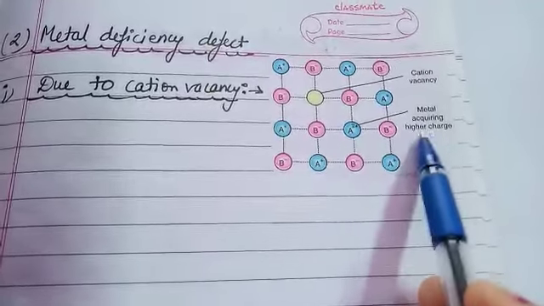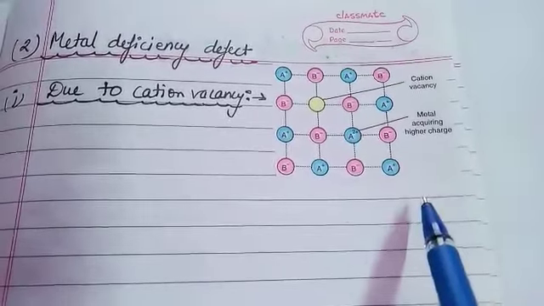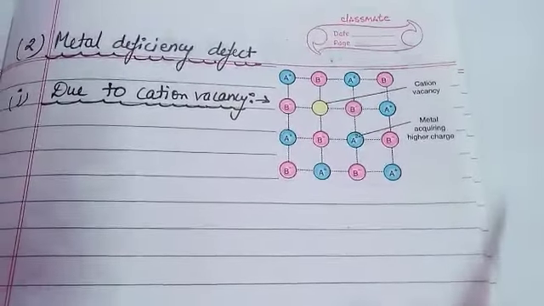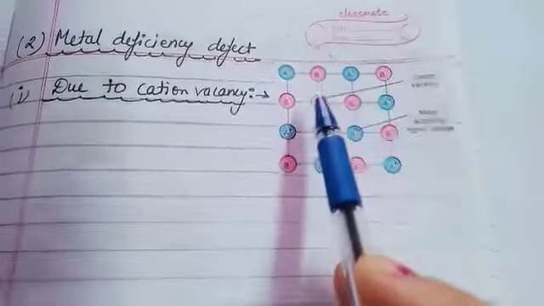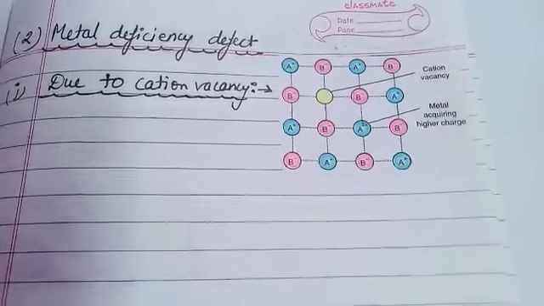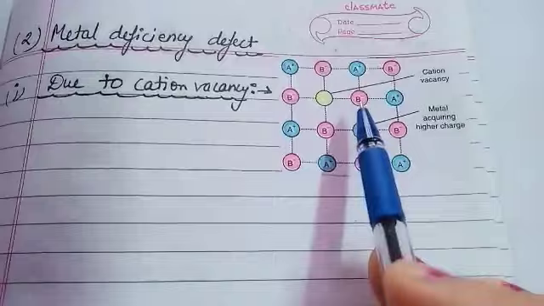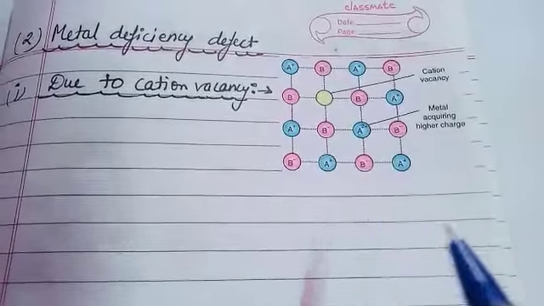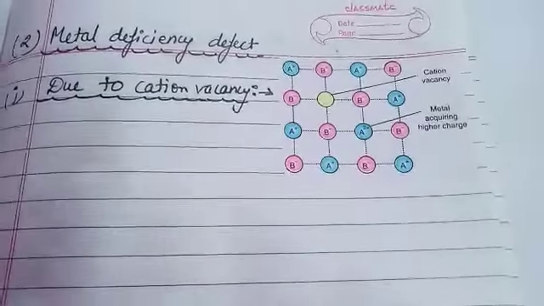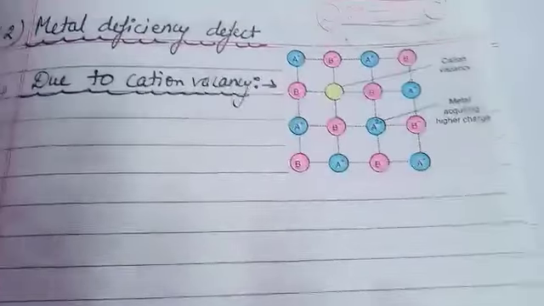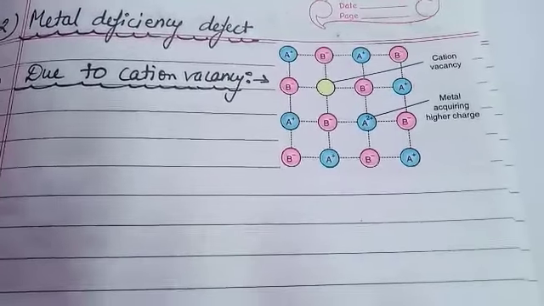This metal is acquiring a higher charge. Why acquire a higher charge? To remain neutral. So in this way, the cation is missing from this site and anions are comparatively more. That's why this one is metal deficiency defect. This type of defect is possible.